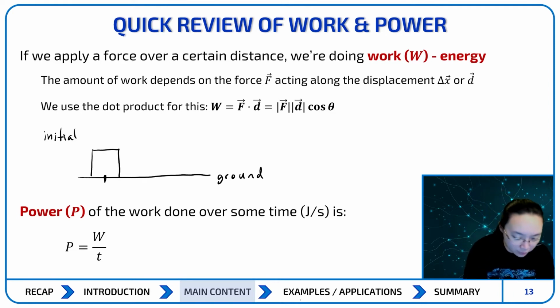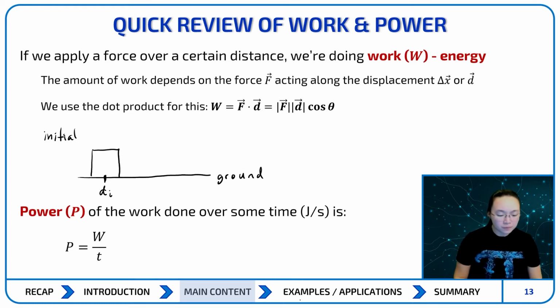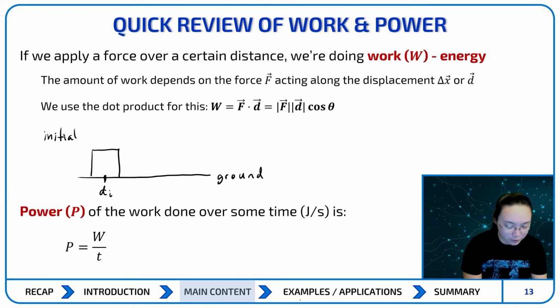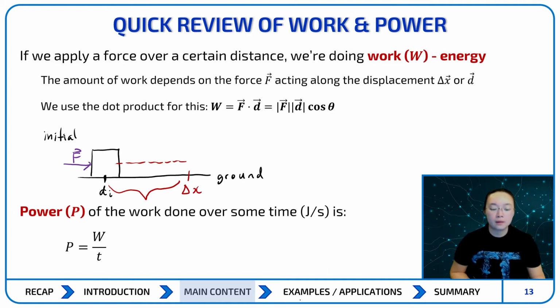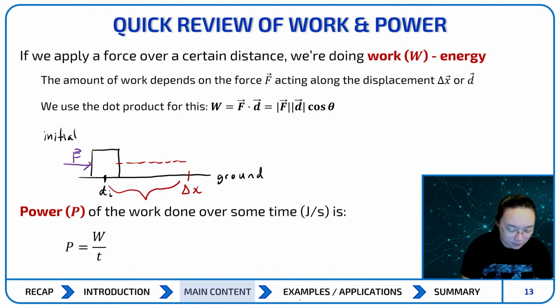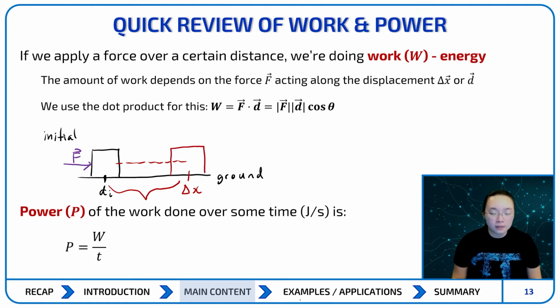Starts there with d_i. And after a certain amount of time, we're going to push it. So we apply a certain force, and the object moves. So it moves a distance of delta x, which is from here to here. That's delta x. And that's where our object stops.